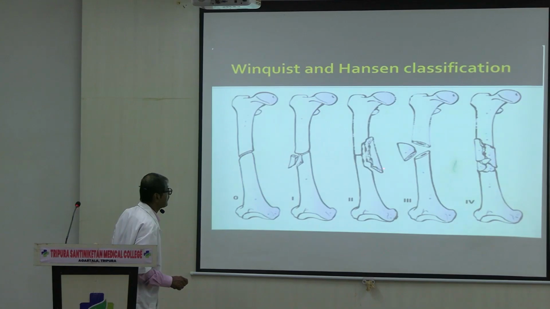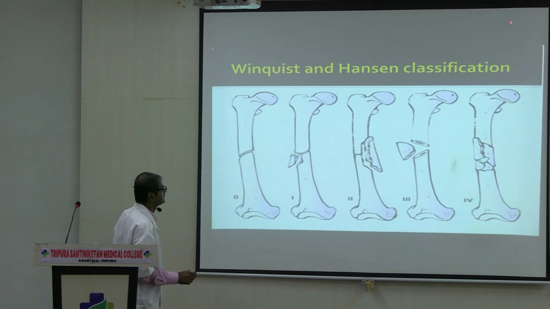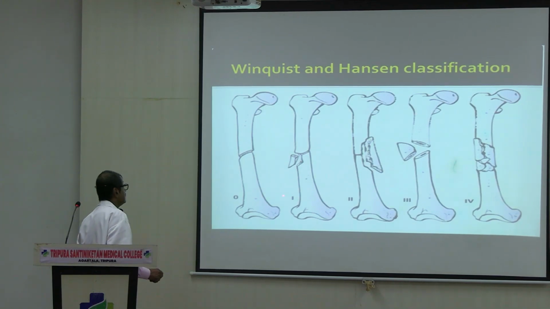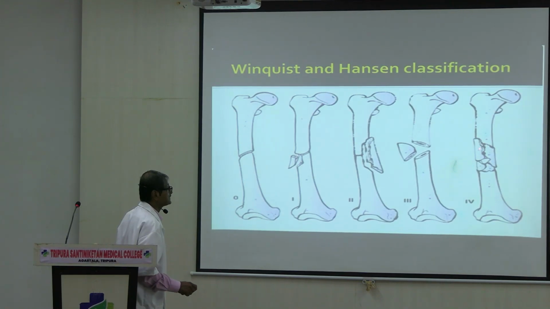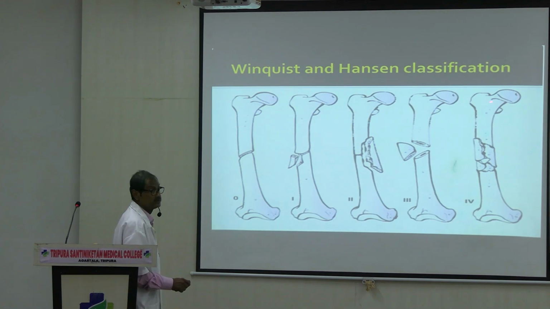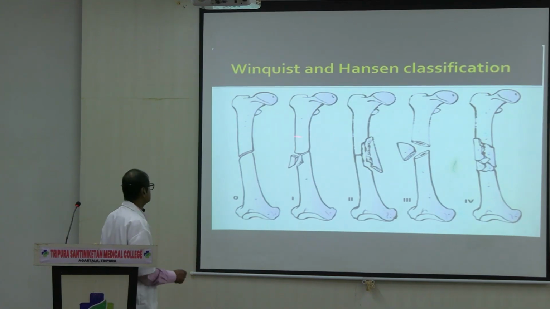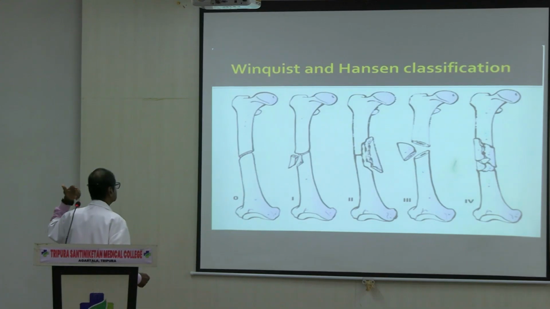This is called the Winquist classification. Grade 1, this one, grade 2, grade 3, grade 4. This is a comminuted fracture, multiple pieces: 1 piece, 2 pieces, 3 pieces, 4 pieces, 5 pieces, like that, multiple. Here a segment of bone is lost. So this is the Winquist classification.